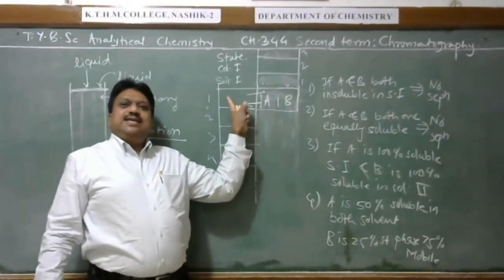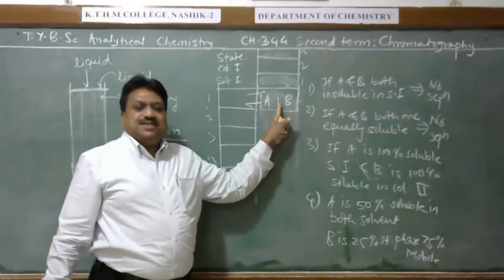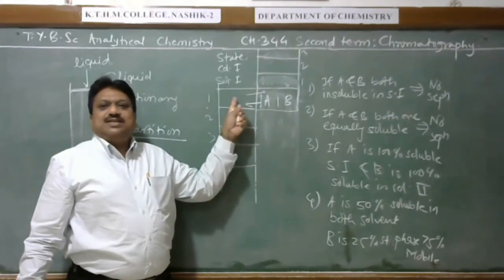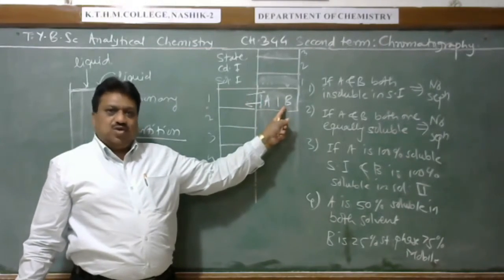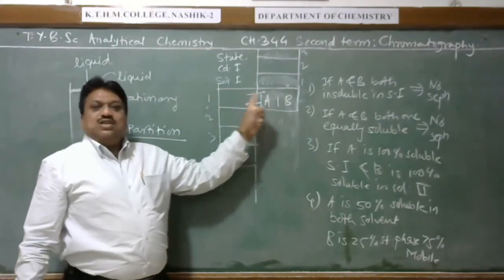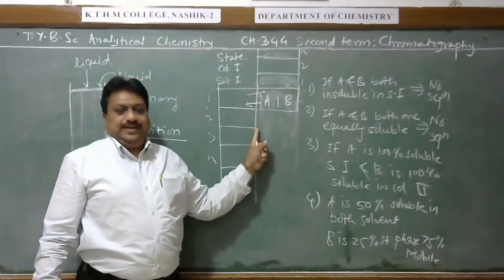Therefore here A is equally soluble but B has a solubility difference. B is only 25% soluble in this solvent and 75% soluble in this solvent. Therefore, based on this, we discuss how this separation takes place in the matchbox model.